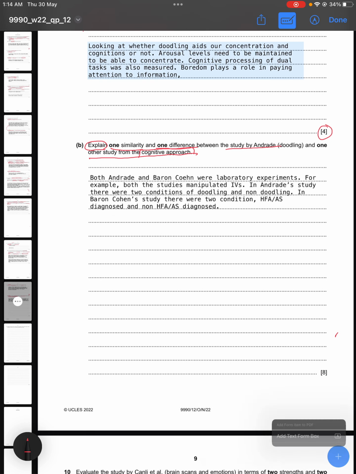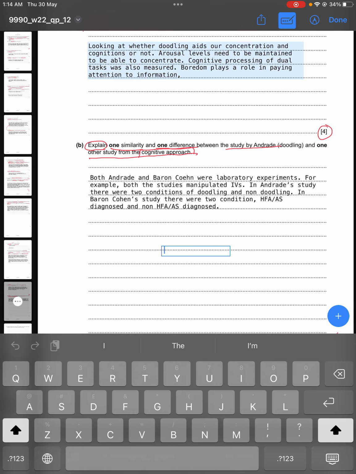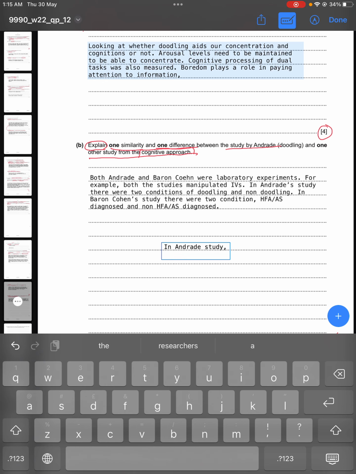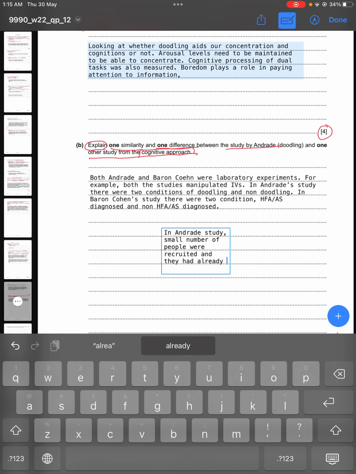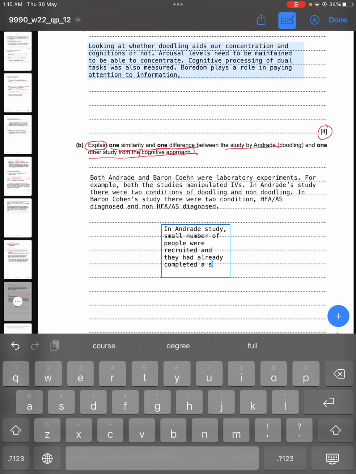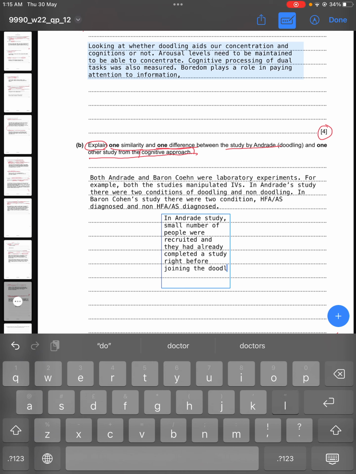And then you can use one difference from sampling, maybe that in Andrade's study, a small number of people were recruited and they had already completed a study right before joining the doodling study.